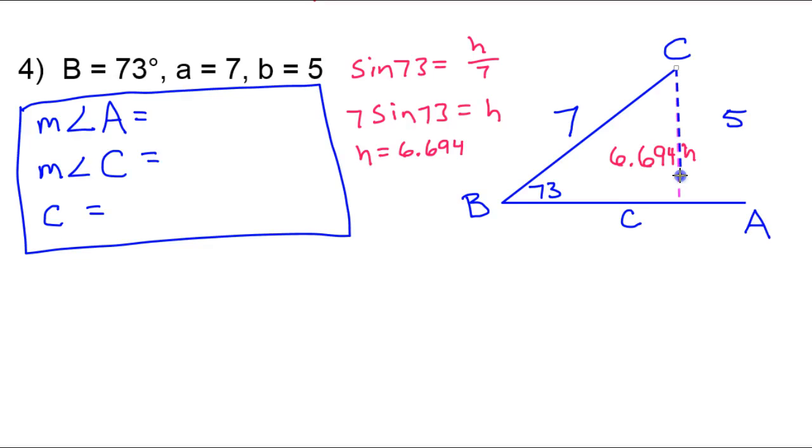If this is only 5 and the height is 6.7, this side is too short to reach the ground. It's too short to form a triangle. So we will have no triangles at all, so we will just have no solution.